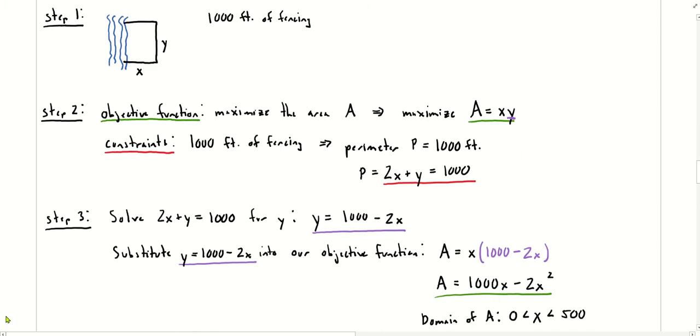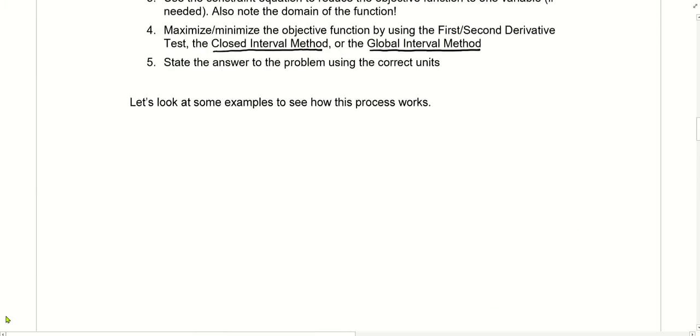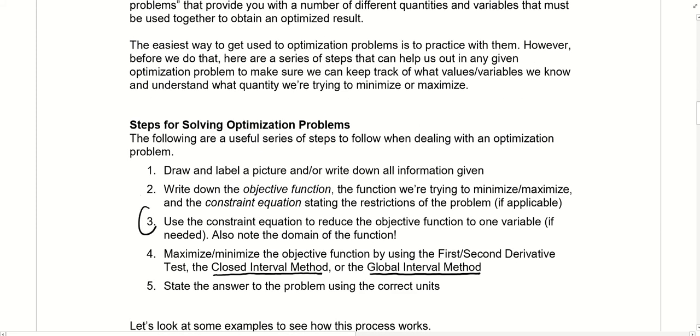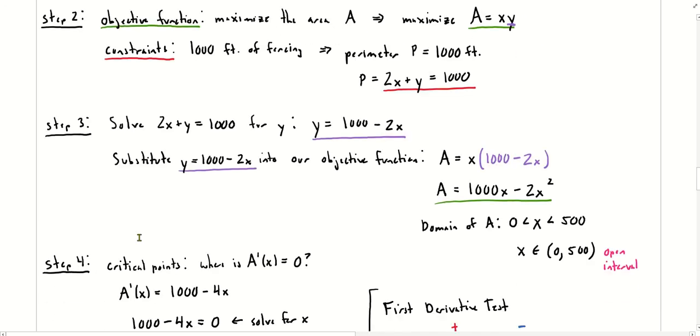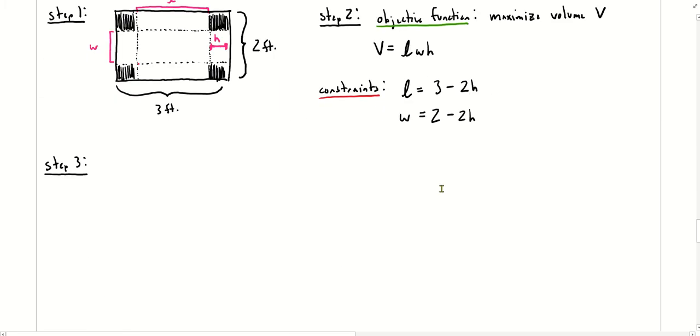So just to remind us, step 3 here. This is where we use the constraint equation or set of equations to reduce the objective function to one variable. This is especially useful here because we're actually starting with 3 variables, right? Length and width and height. But what I can do now, based on these constraints, is I can rewrite the volume in terms of just height.